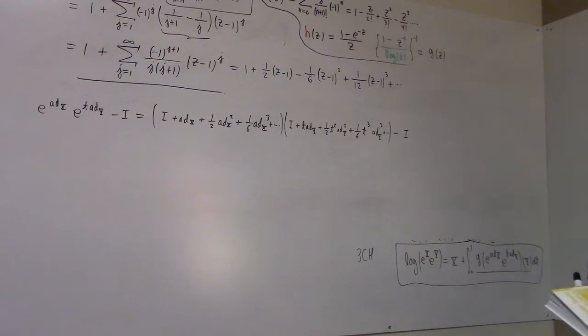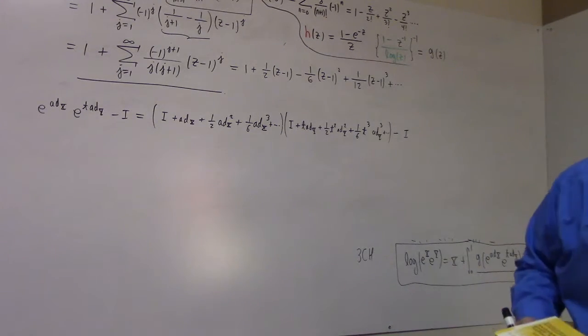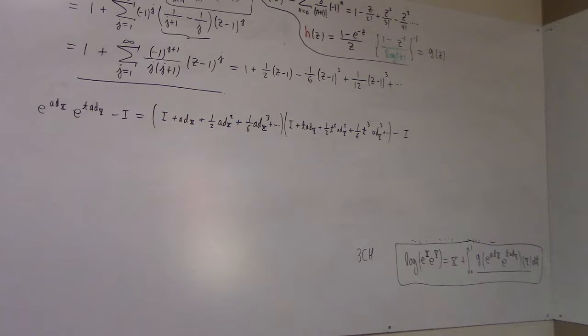In the formula, from the Baker-Campbell-Hausdorff, it has g of e to the ad x, e to the t ad y.